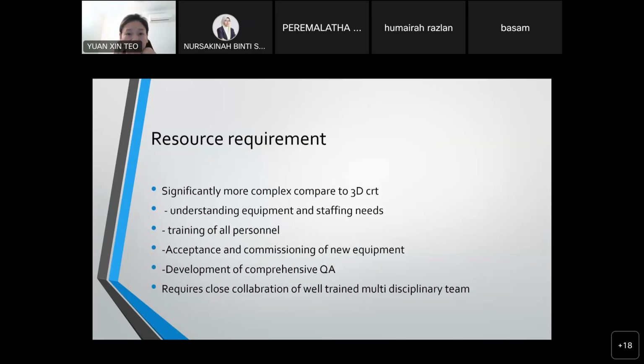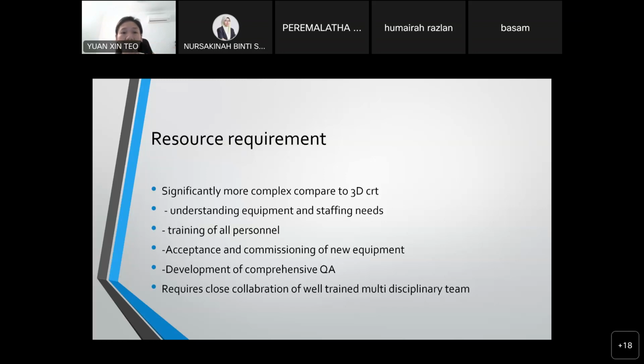If we want to start IMRT planning treatment in a center, previously everyone was using the 3D technique. Moving from the 3D technique to the IMRT technique is not like playing a game, where you immediately dump in more fields to the plan.